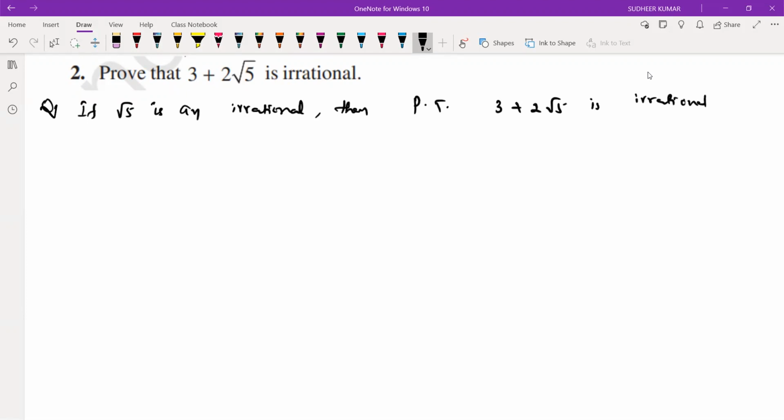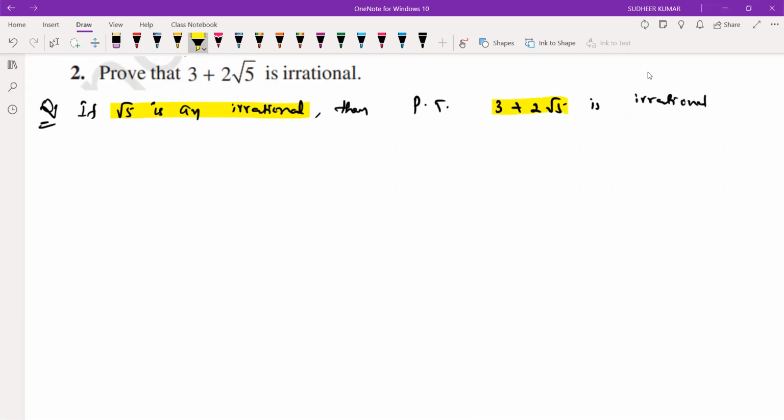If the question is asked like this, the condition is already given. If it is mentioned in the question itself that root 5 is an irrational number, you need not prove that root 5 is irrational. Directly, you can prove that 3 plus 2 root 5 is irrational. Do you understand it?